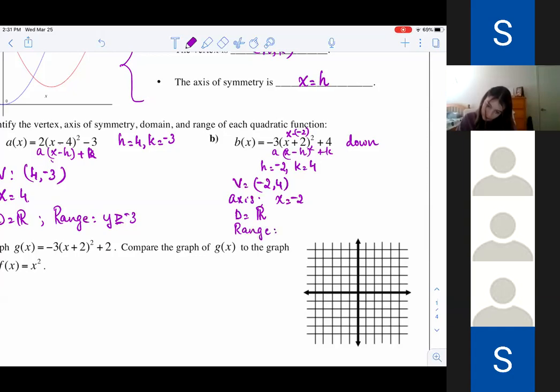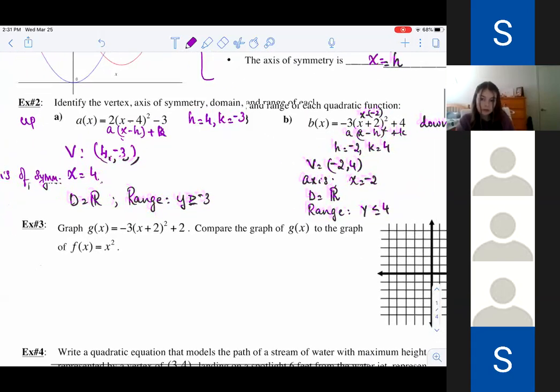Since this parabola is going to open down, y is less than or equal to 4, because y is the range, the y value is the range. Are there any questions?